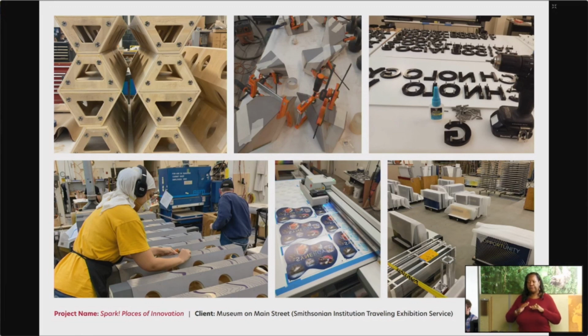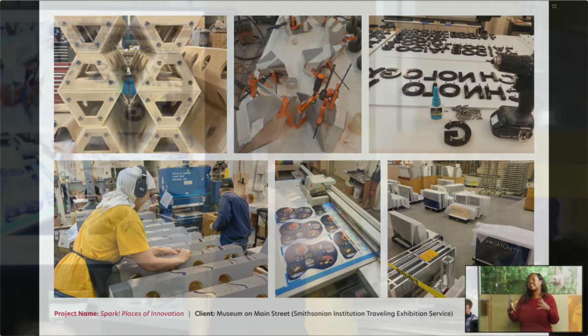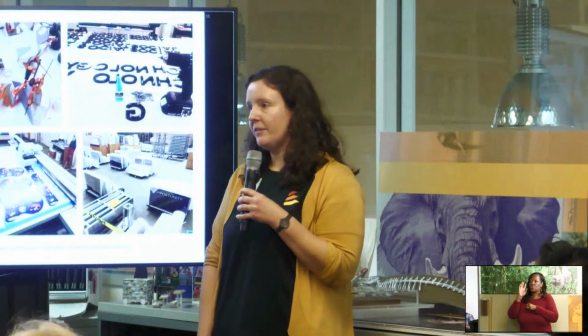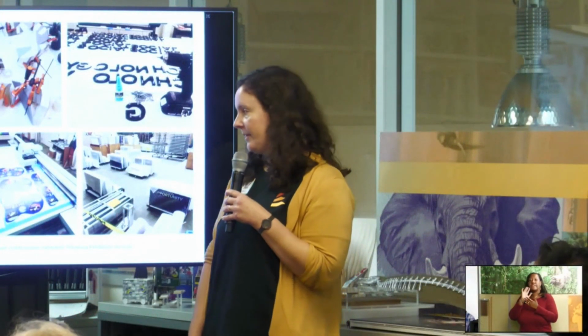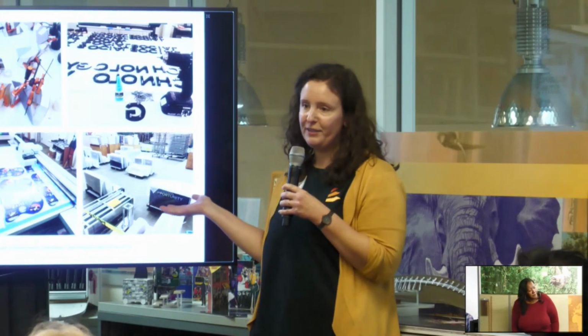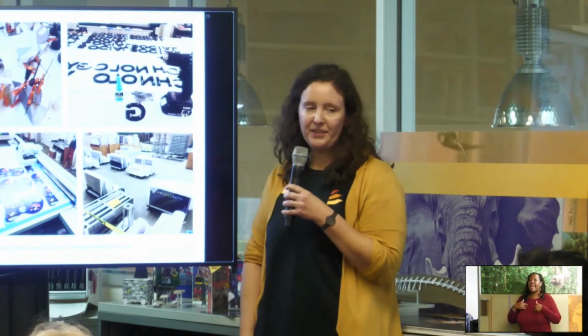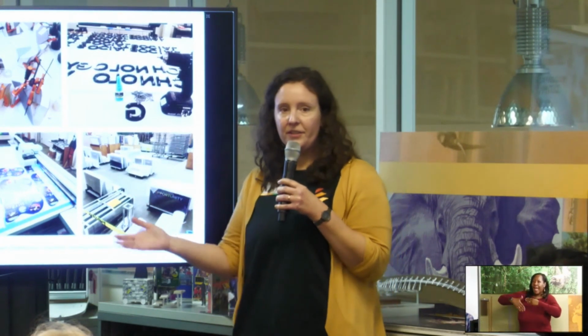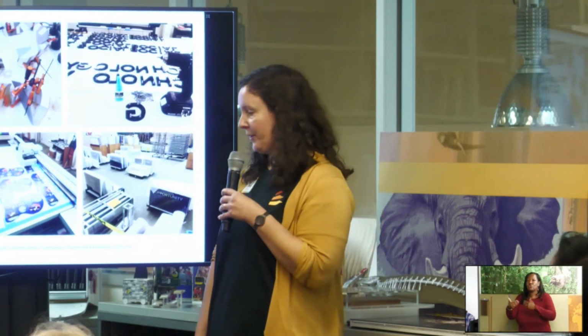Multiple components being glued together, clamped together. Lots of super gluing of tiny little threaded studs into dimensional letters to announce the names of each of the exhibit sections. So a lot of creativity, a lot of care in creating this from all of the develop, design, build team members here. And here it is, 4 copies trying to be wrapped and installed into crates so that they can go to their next exhibition location.